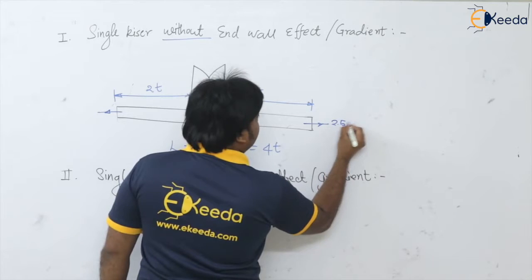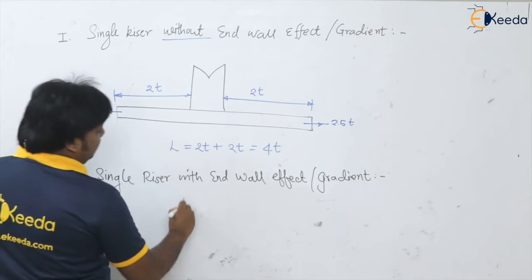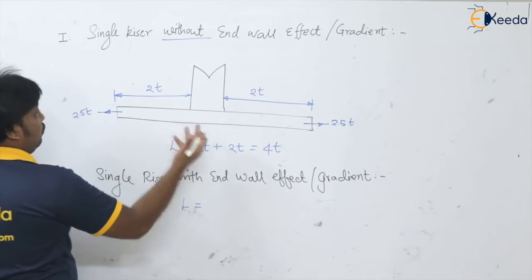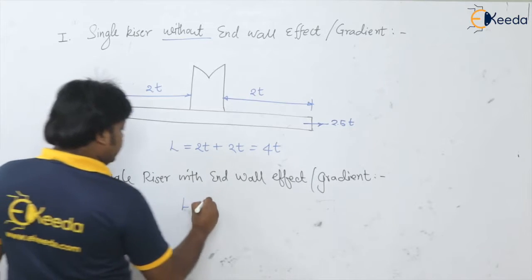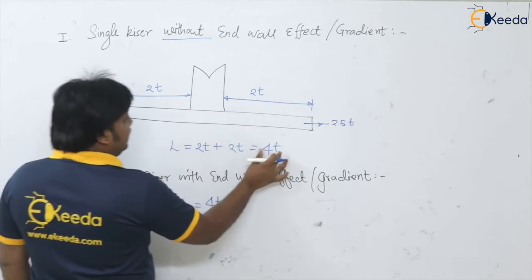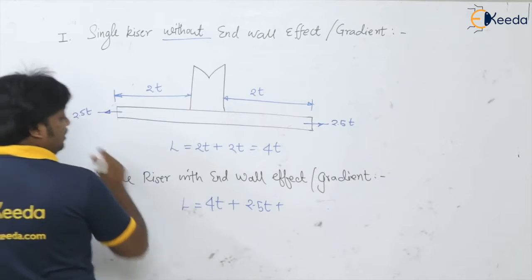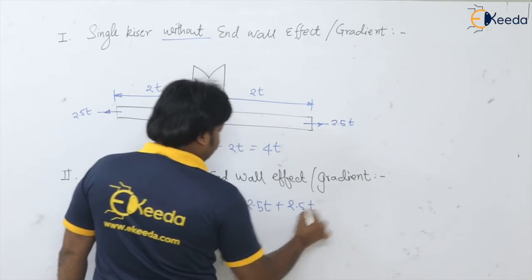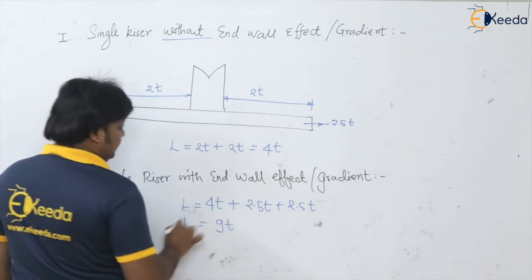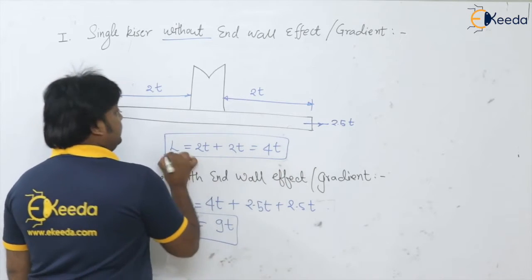This is 2.5T here and 2.5T here. So tell me, what length can be fed by this riser when this end wall gradient is there? It is 4T, in addition to that 4T, 2T plus 2T, this 2.5T plus this 2.5T. So how much? This is equal to 9T.